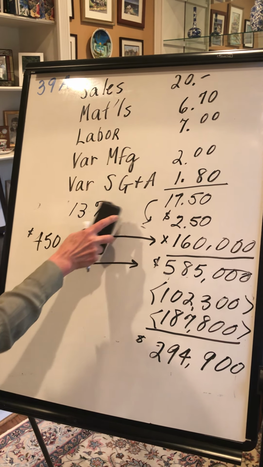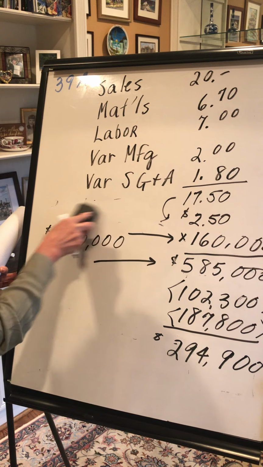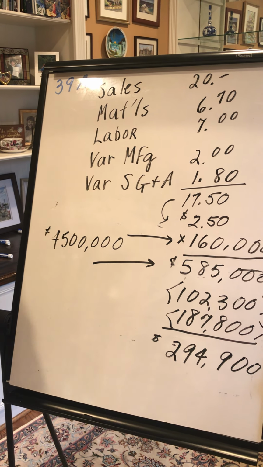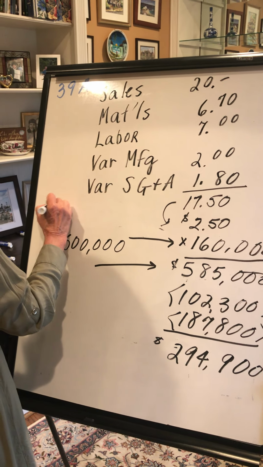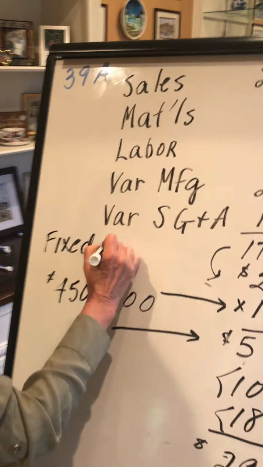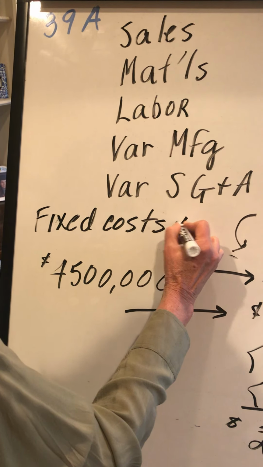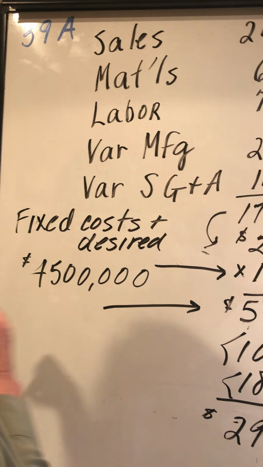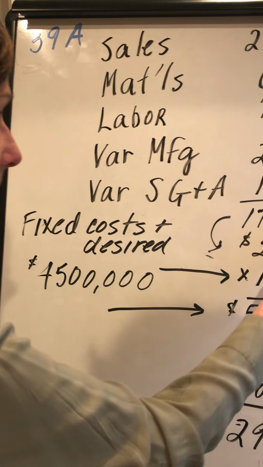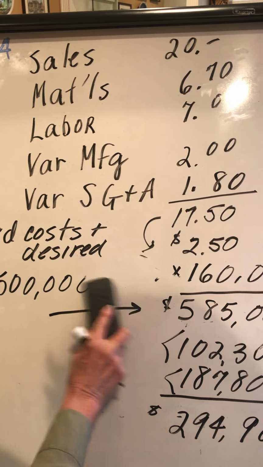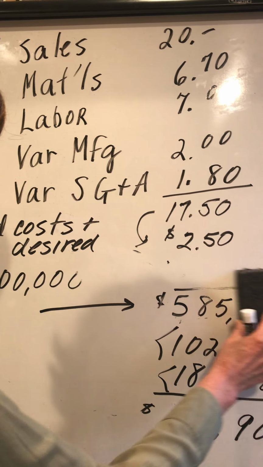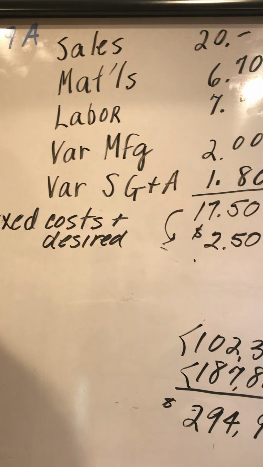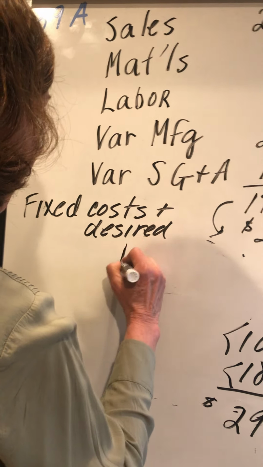That formula, by the way, and I'll write it out here in words, is fixed cost plus desired profit, and why am I saying this?